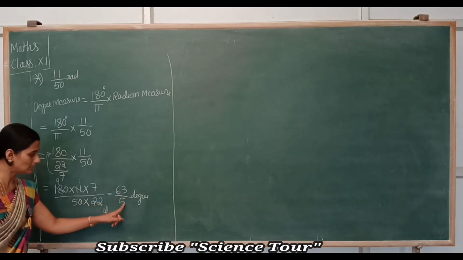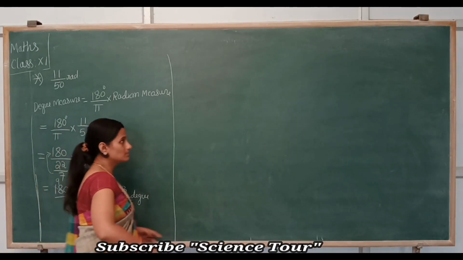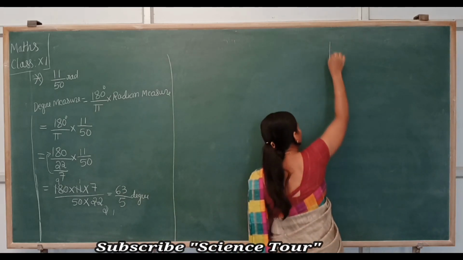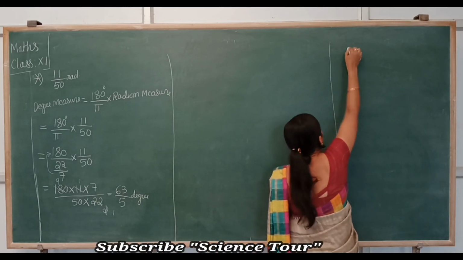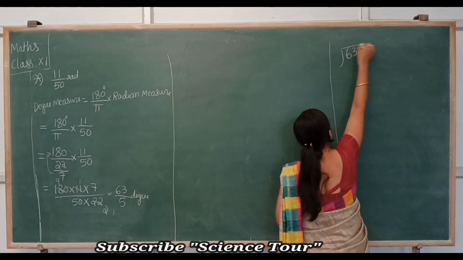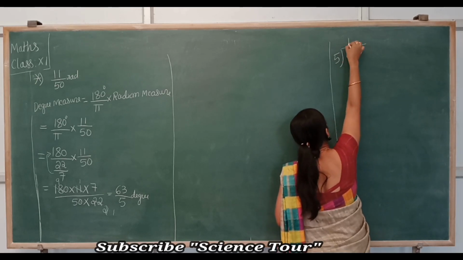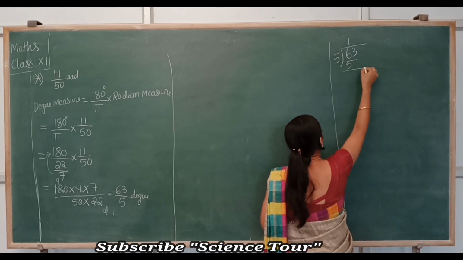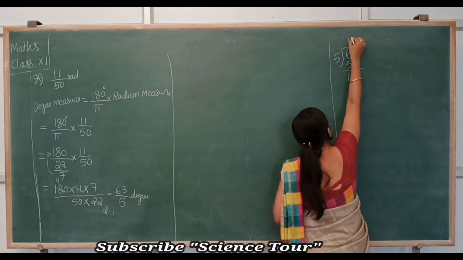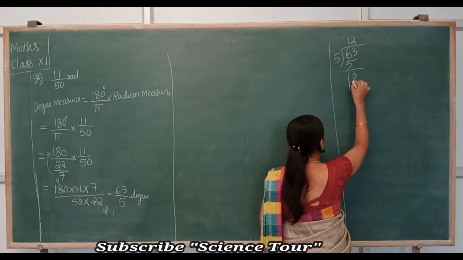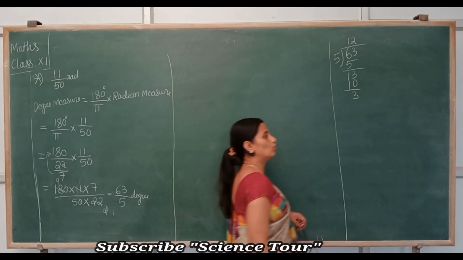So now 63 divided by 5. 5 ones are 5, next 13 means 5 twos are 10. So what is the remainder? It is equal to 3.